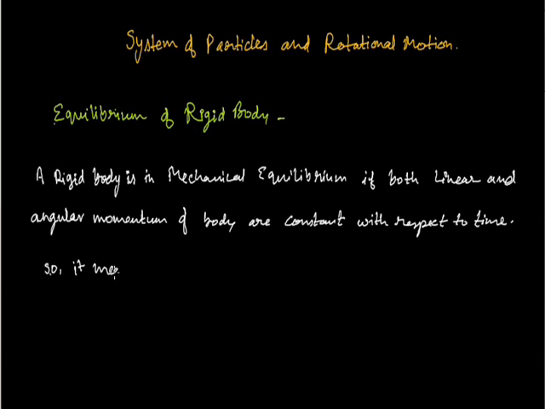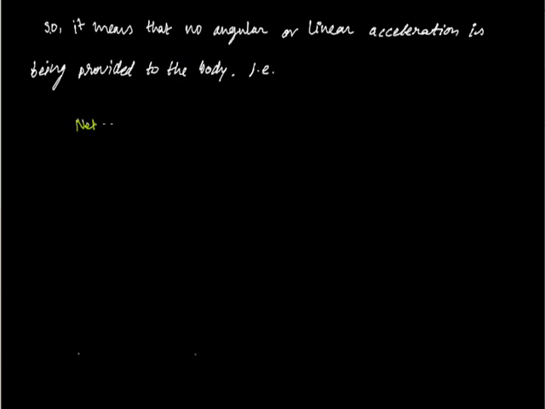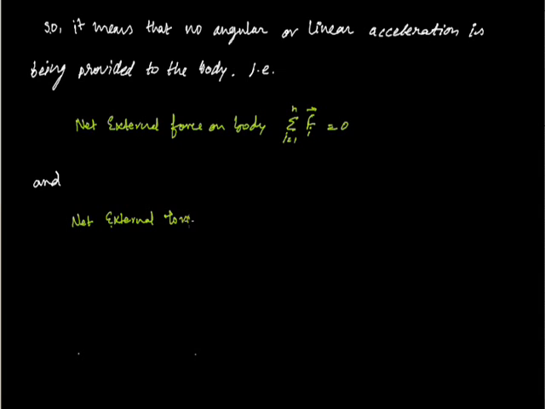So it means that no angular or linear acceleration is being provided to the body. That means the net external force on the body is 0, the vector sum of all the forces acting on that body is 0, and the net external torque on the body is also 0.